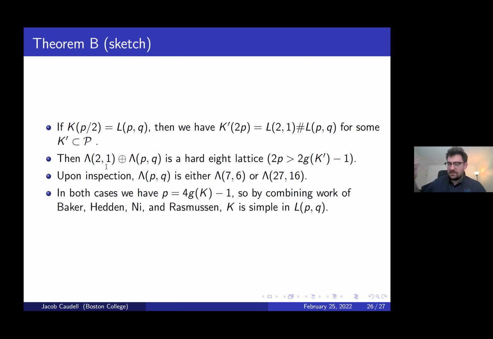And so then you can classify changemaker lattices that have that and that also embed in linear lattices. And then the argument is actually pretty easy for n equals 1. The point is that the hard-8 lattice embedding obstruction, like the changemaker embedding obstruction, gives you a canonical basis for the orthogonal complement. And so you leverage that.